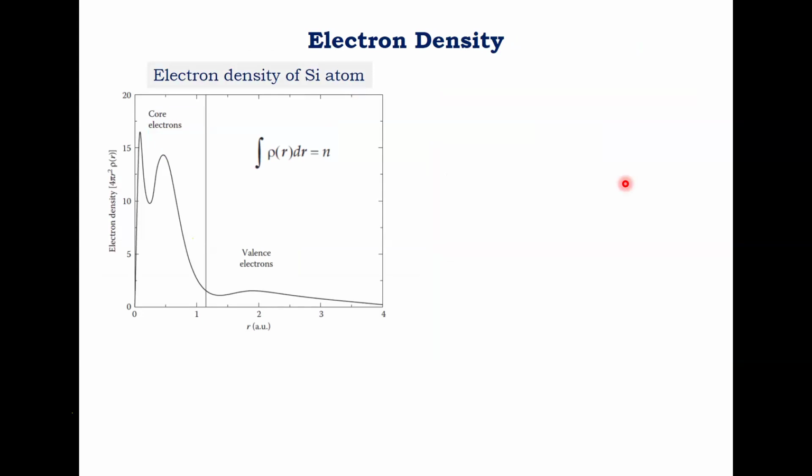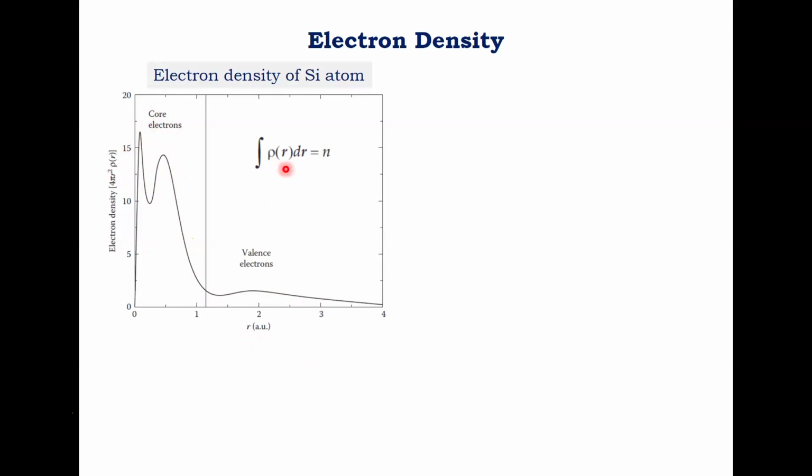Okay, so for the simplest case, let us take the electron density of the silicon atom. If you see this particular cartoon, it is density versus r distance. Here we can see the first peak, the second peak, and then a flat kind of shape of the electron density. These are the core electrons basically.